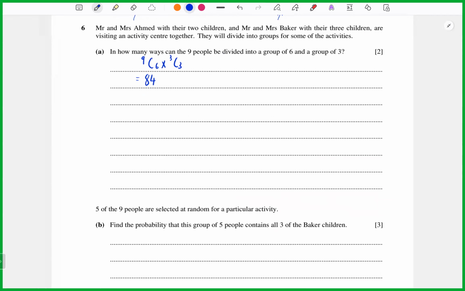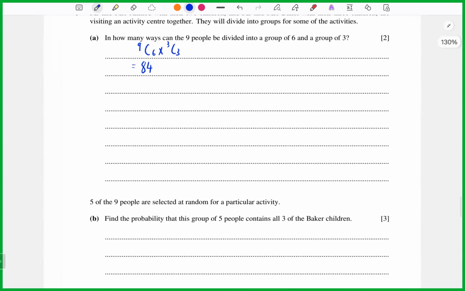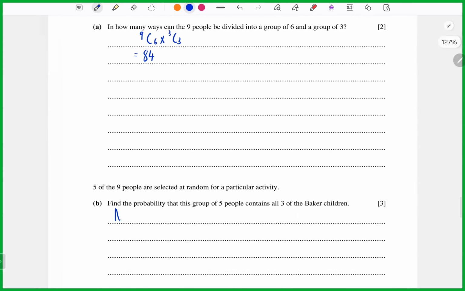So it is 5, plus 3 of other Becker's children. So we can try to calculate.